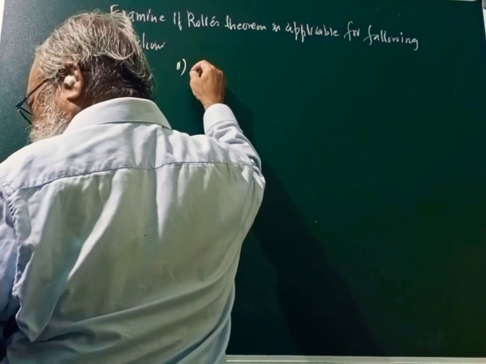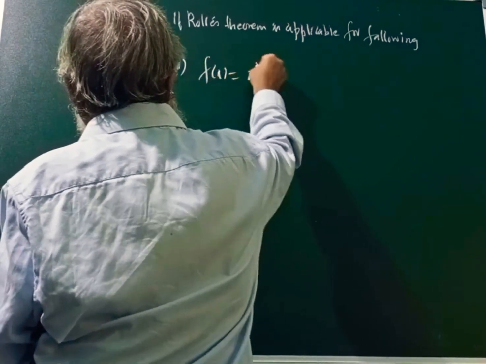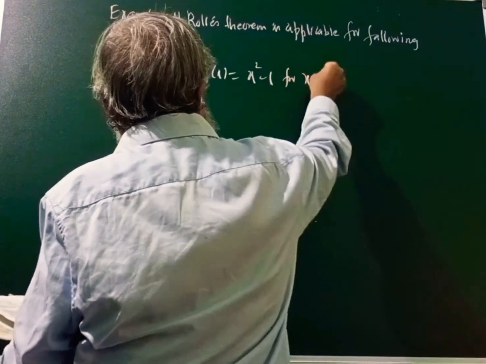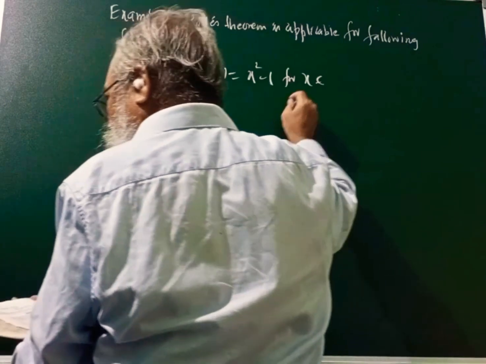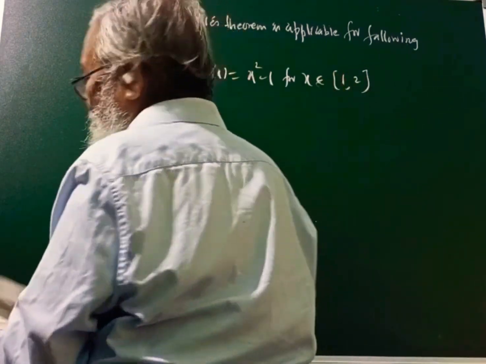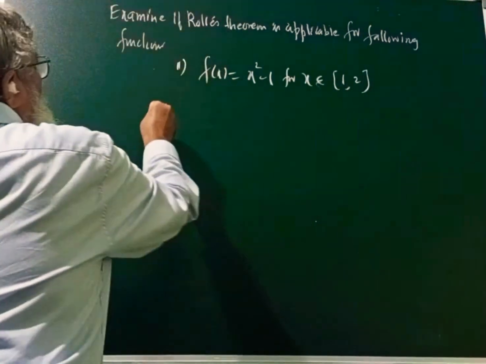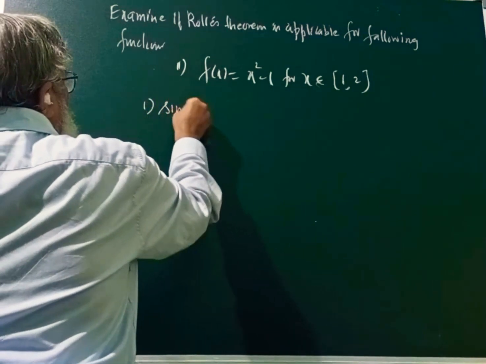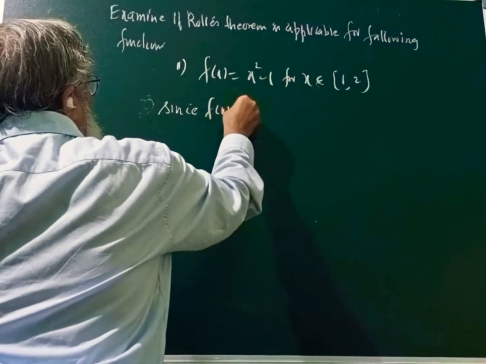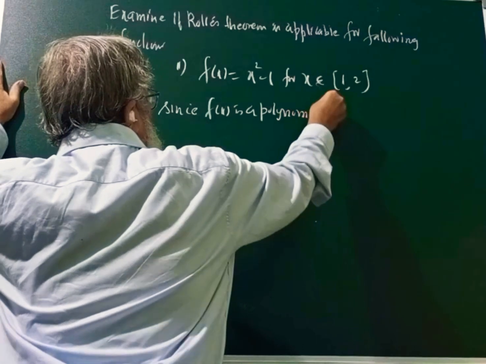We have to see the applicability of Rolle's theorem. f(x) is equal to x square minus 1 for x belongs to the closed interval [1, 2]. Now we see whether the conditions are satisfied or not. First one: since f(x) is a polynomial, it is continuous everywhere.